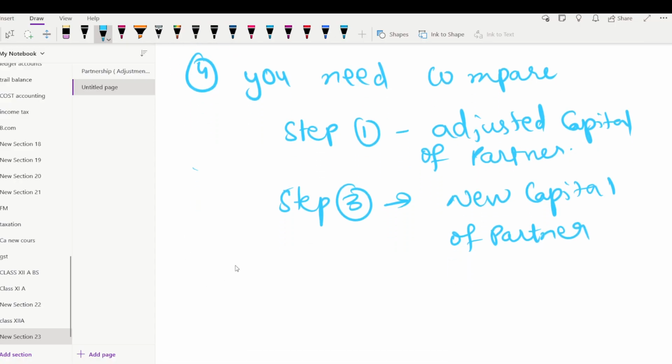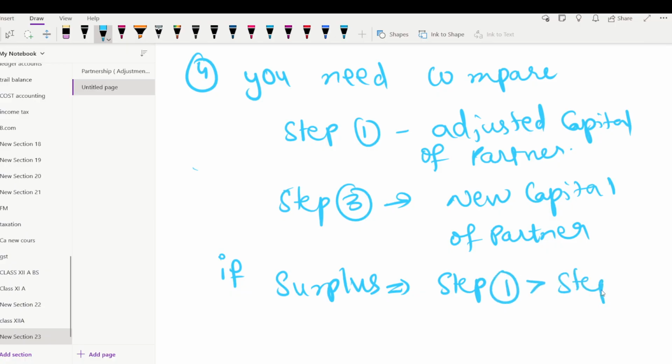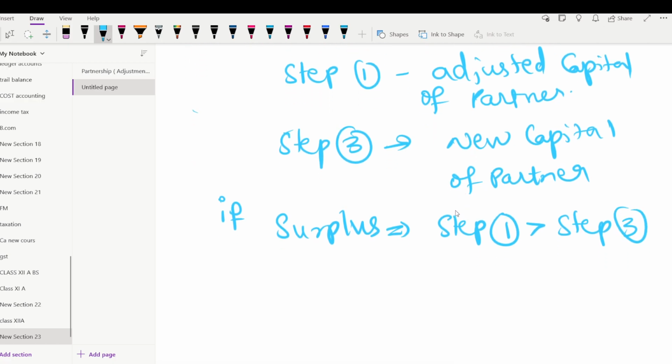Then if there is surplus, which means step 1 is more than step 3, refund. So write on the debit side to cash.